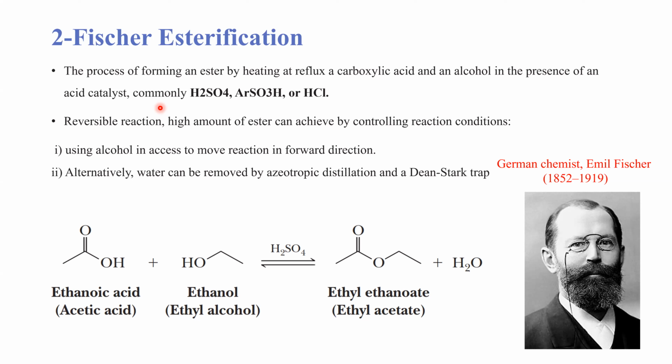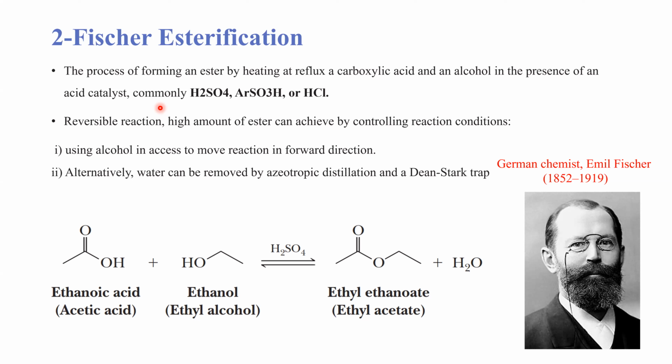Now, the other thing about this Fischer esterification is that this reaction is reversible, and by controlling the reaction conditions, we can increase the amount of ester. As you all know, an equilibrium is established between the reactant and the product.